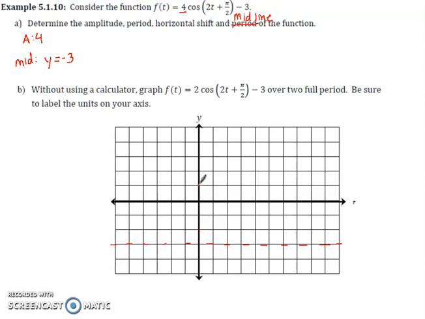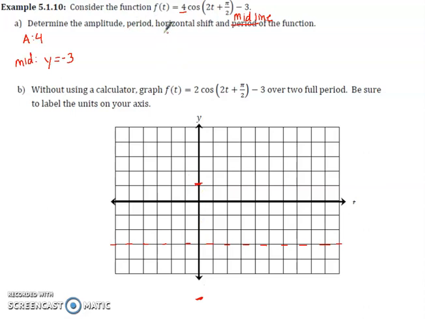So I go up to +1. This will be where the maximum of my graph is. And my minimum will occur 4 units below my midline, which would be approximately here. So my graph is going to be bounded between the max and the min. So my graph will take place between these two y values.